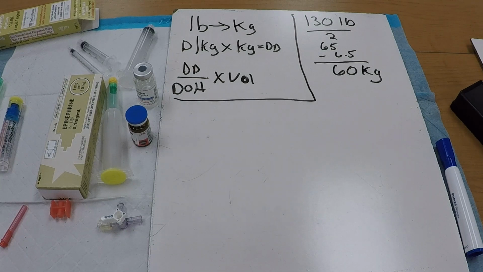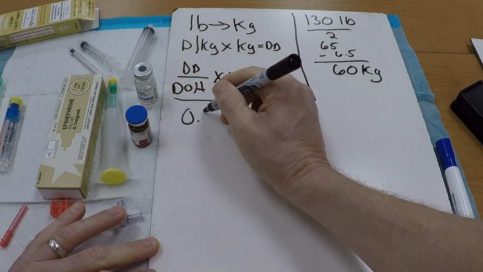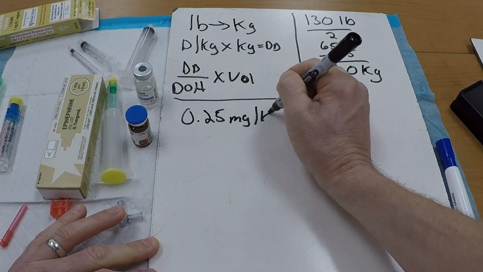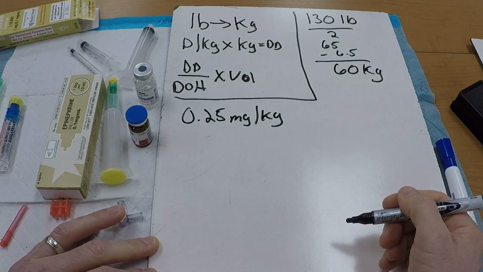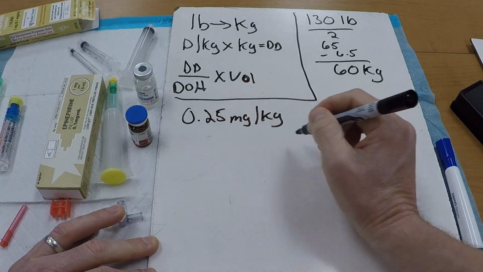Our dose locally, if we're going to give ketamine for pain, is 0.25 milligrams per kilogram, and our patient weighs 60 kilograms.